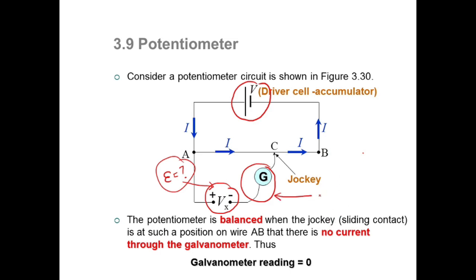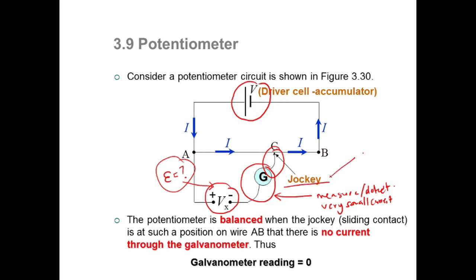It is a device to detect very small current, basically to ensure that there is current flowing in the circuit.